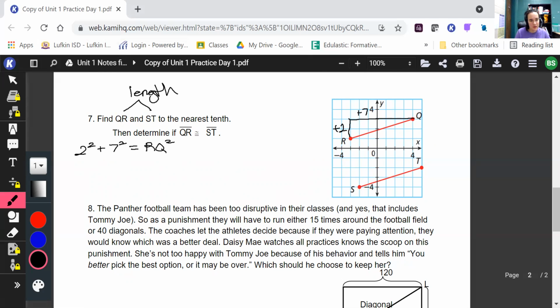So 2 squared is 4, and 7 squared is 49. Added together, that's 53. And then we need to take the square root of that because we need the opposite of squaring.